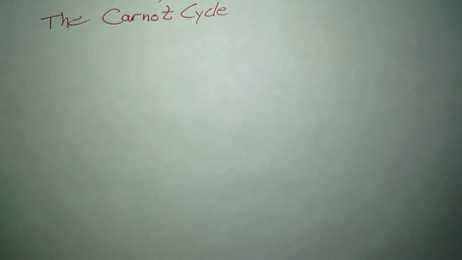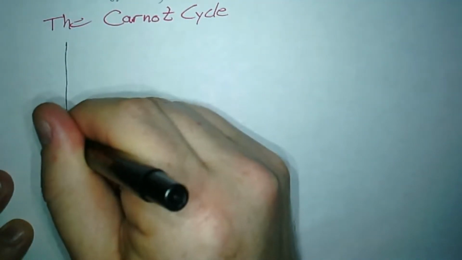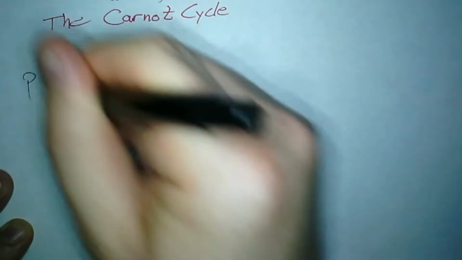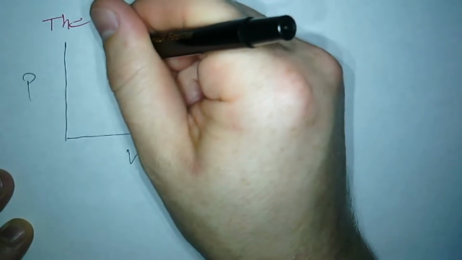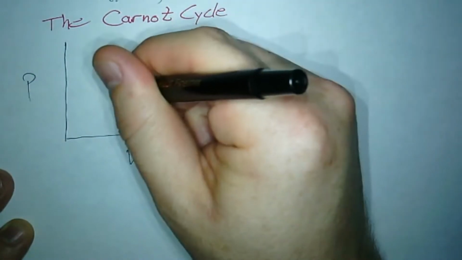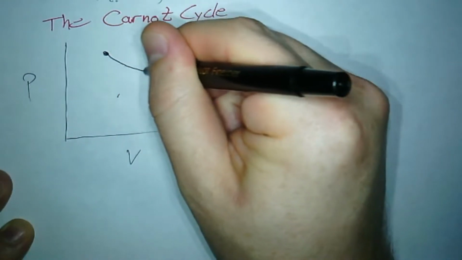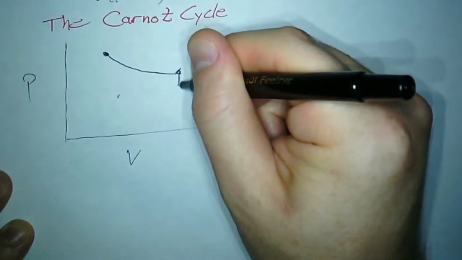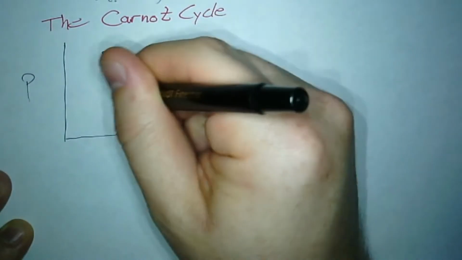So on the Carnot cycle, once again, I'm not going to worry about numbers on this because, well, I don't want to calculate them. So here you're going to have two isotherms connected by adiabats.